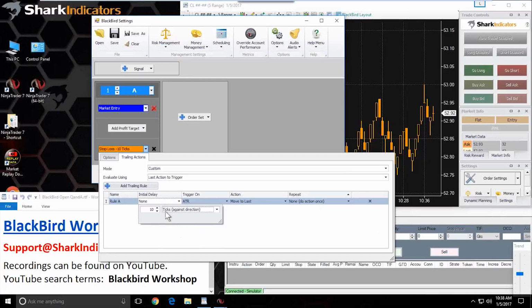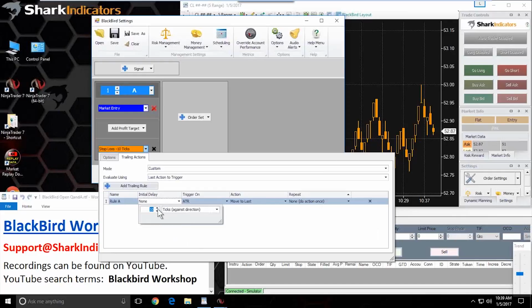Also you could do ticks against direction. Let's say once you've gotten a 10 tick loss, you could set up a rule that tightens up your stop loss, just as an example. A more effective use of ticks against direction would be to lower your profit target.